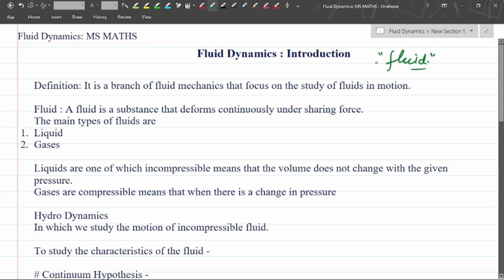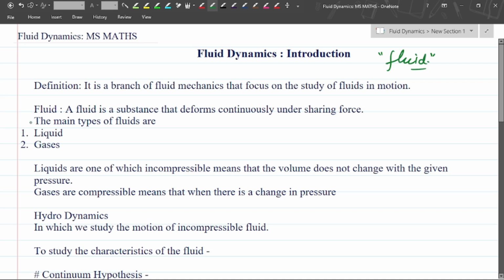In our body there are lots of fluids, like enzymes. Blood is also a fluid. Tissue, cell, plasma are different types of fluids. All fluids are basically categorized into two major parts: one is liquid and the other is gases.